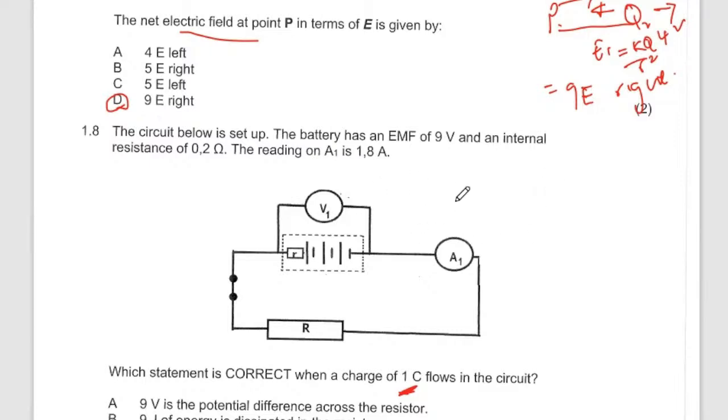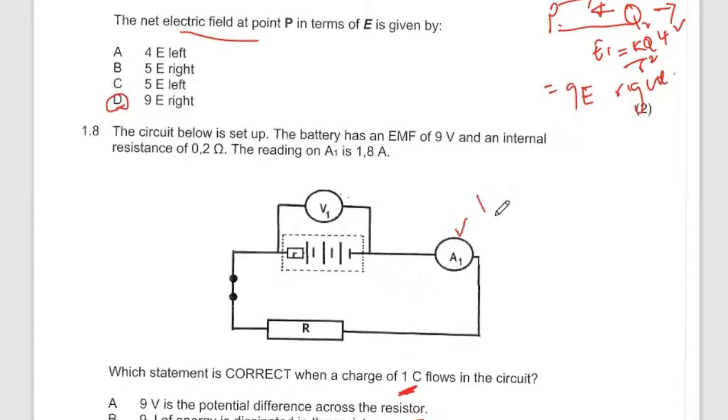Okay, so when we look at this, we have some sort of internal resistance within the battery. So 1 coulomb charge flow. Let's see, they're telling us that 9 is the potential difference across the resistance.